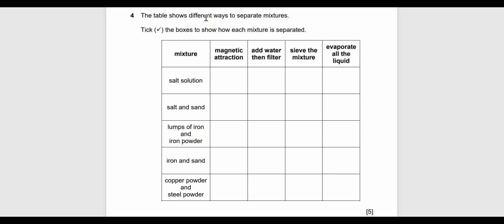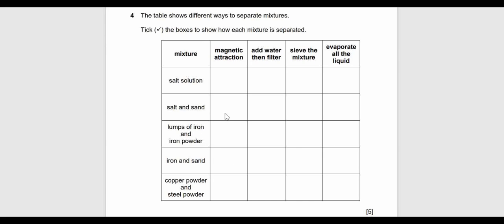Alright, the table shows different ways to separate mixtures. Tick the boxes to show how each mixture is separated. Mixture, salt solution: magnetic attraction, add water then filter, sieve the mixture, evaporate all the liquid. Second is salt and sand. Next is lumps of iron and iron powder.